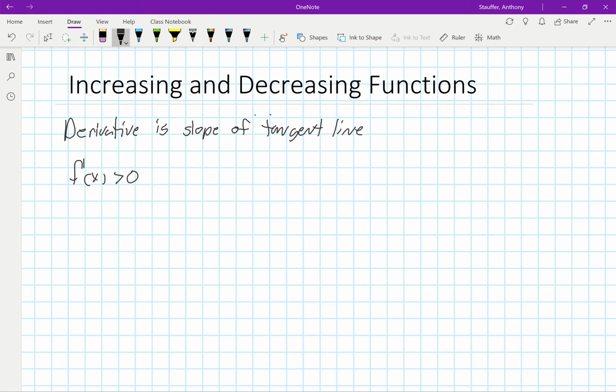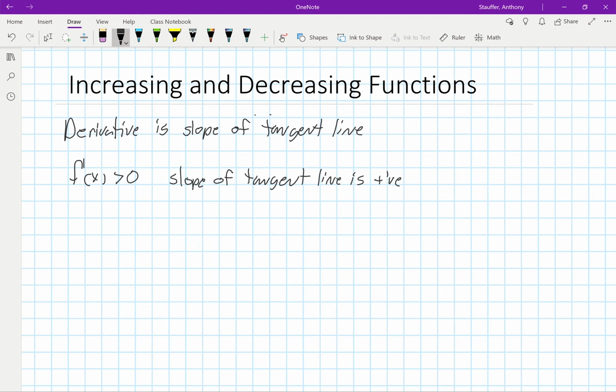So here, what we're effectively saying, f prime at x greater than 0, is that f prime at x is positive. Now, what would that mean? First of all, that would mean the slope of the tangent line is positive.